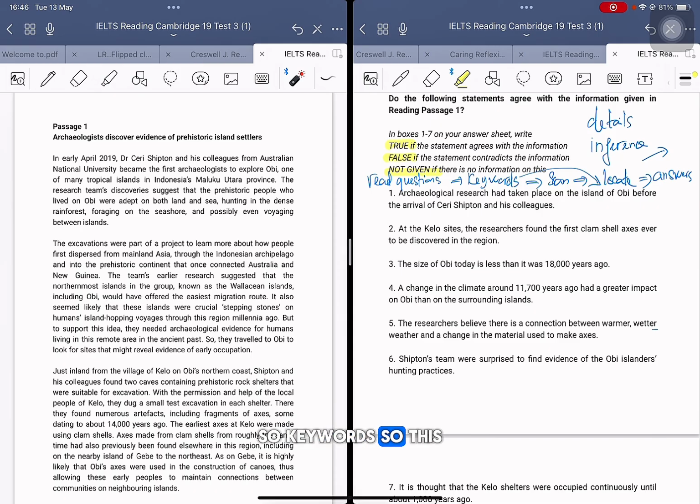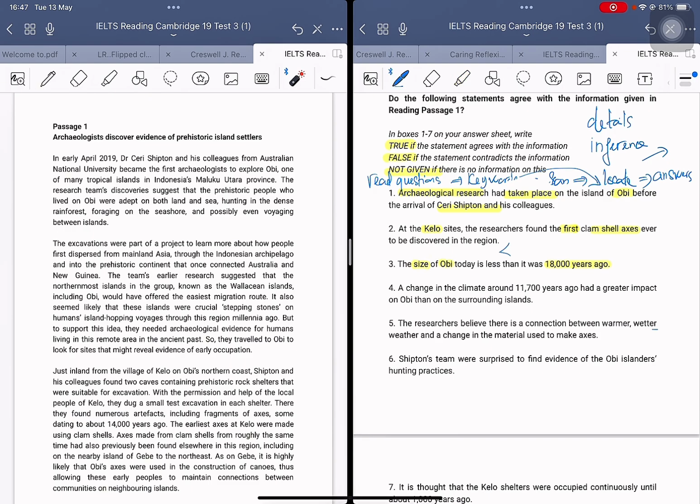Keywords: this one, or maybe this one as well. This one is a specific name, so we can scan easily to find out where it is. And here, the name of a person as well, and 'take place'. For the second question, the size of Kello, the first cell axes to be discovered in this area. Or question number 3, 18,000 years ago, let's talk about the size.